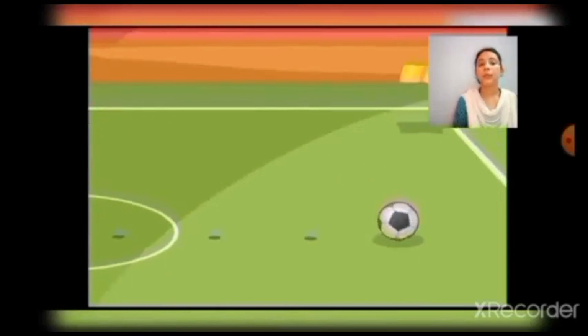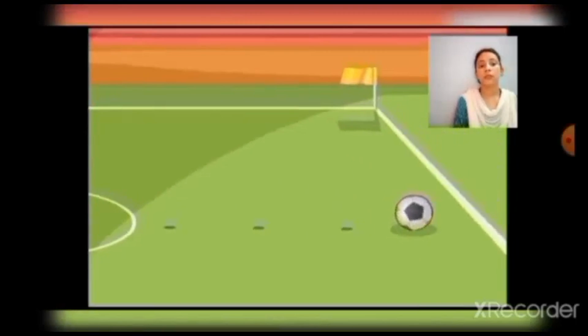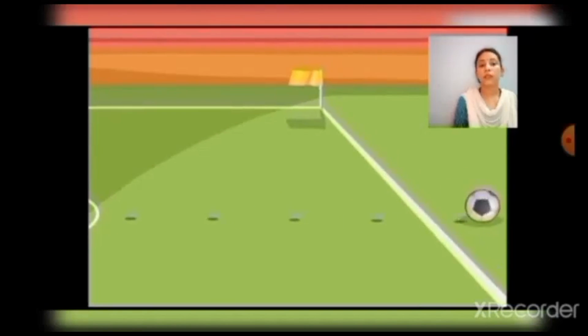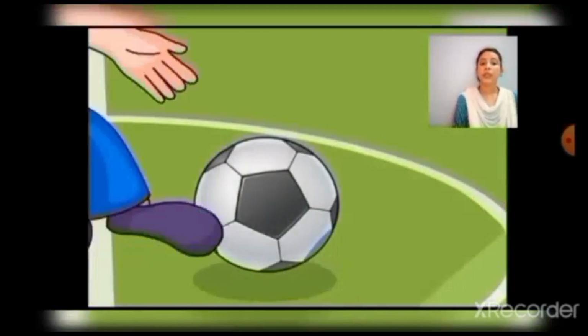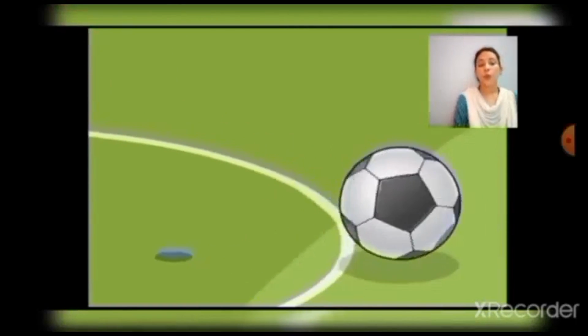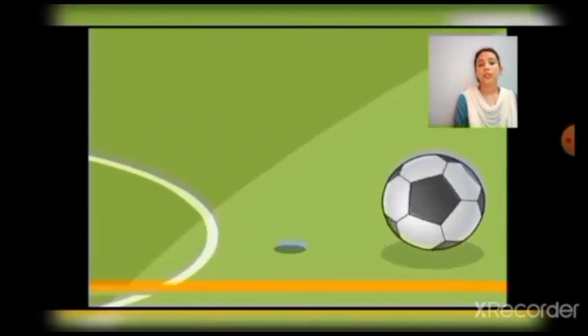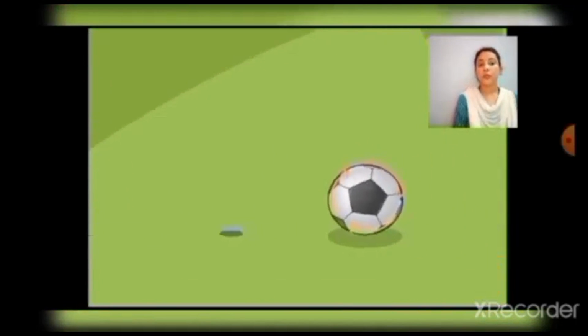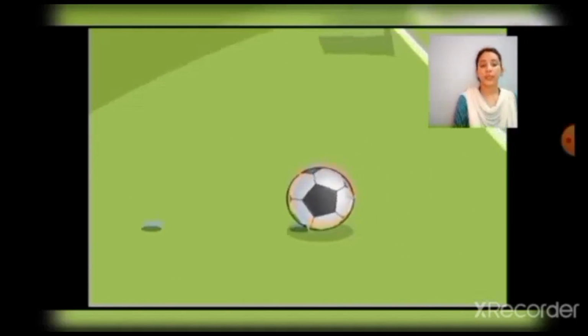Is there any motion which is in combination? Or you can say, is there anything which has more than one motion together? Yes. Look at this boy pushing the ball on the ground. If you see, the ball is going straight.